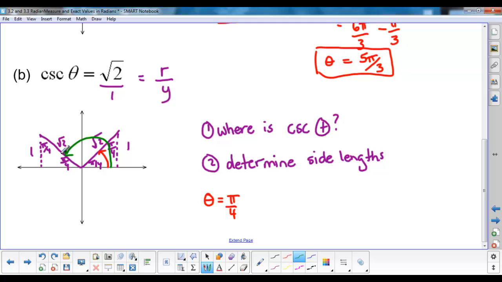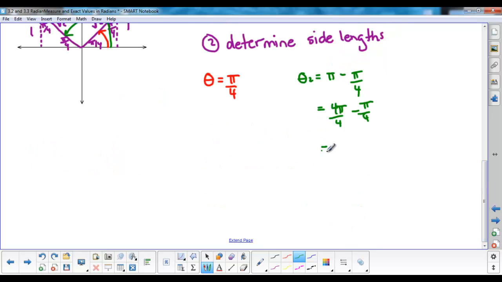We stopped pi by 4 radians before that. So to find the second theta, we take pi and subtract pi by 4. Again, get that common denominator so that you can subtract, and our final answer would be 3 pi by 4. So again, two possible values, 3 pi by 4 and pi by 4.